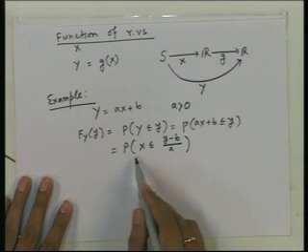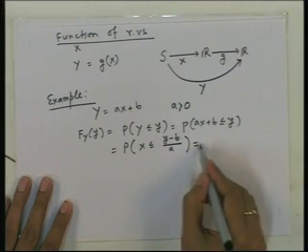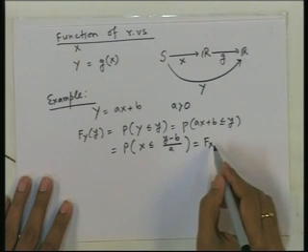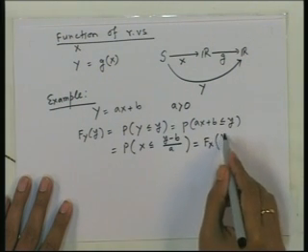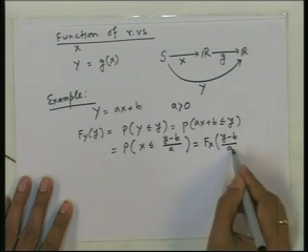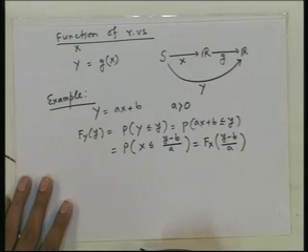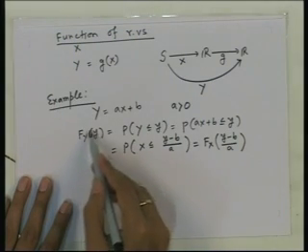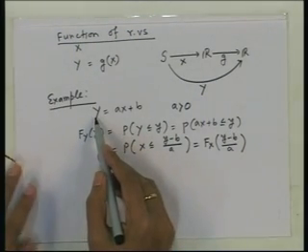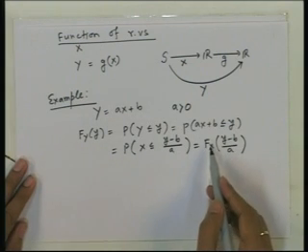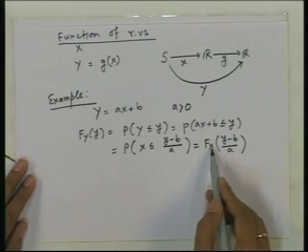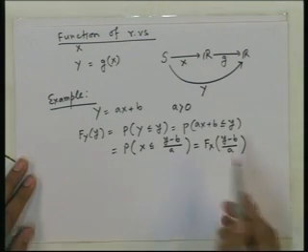But what is this? This is nothing but the cumulative distribution function of x at (y minus b) by a. So, we have expressed the cumulative distribution function of the new random variable y in terms of the cumulative distribution function of the original random variable x, what we wanted.